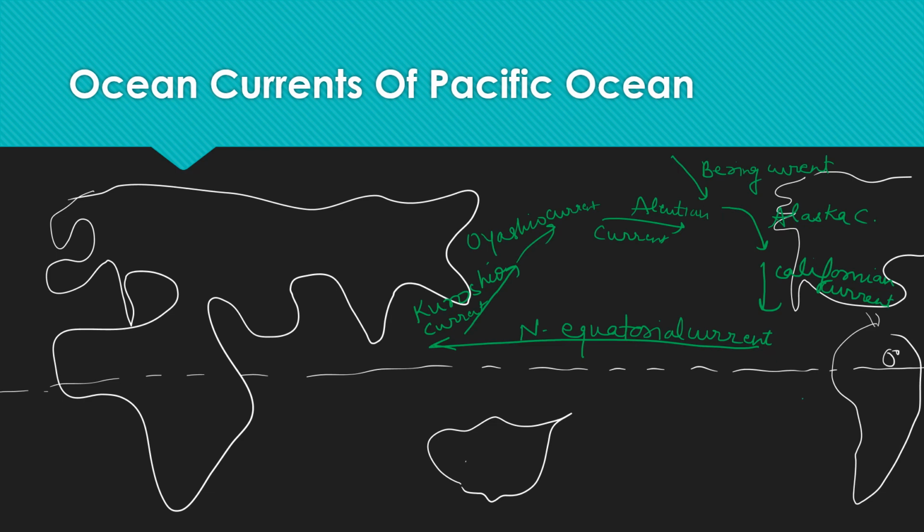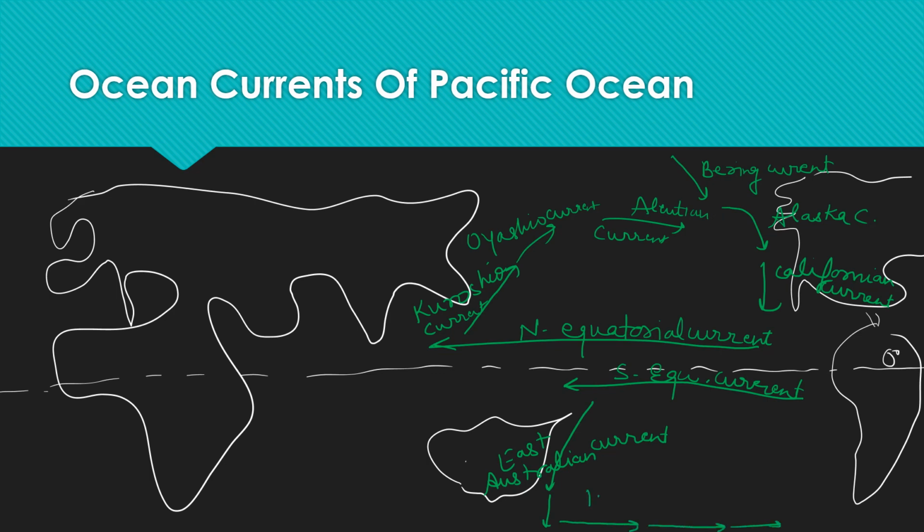Now moving to the southern hemisphere part, we have the southern equatorial current. This will move towards this, and this is the East Australian current. And after reaching here, this wind will be drifted towards the east direction.